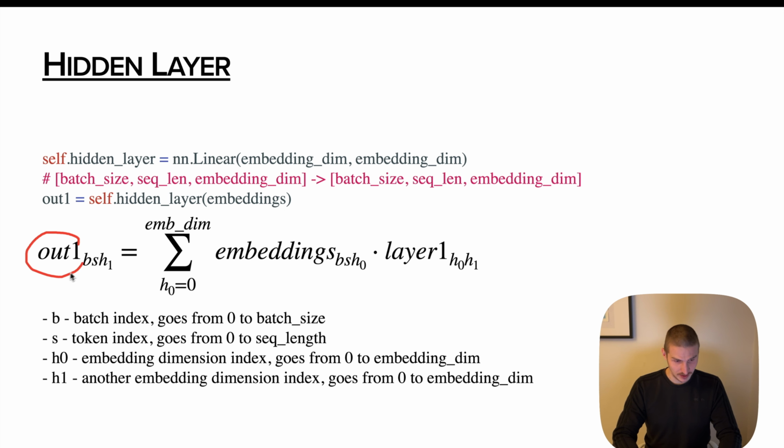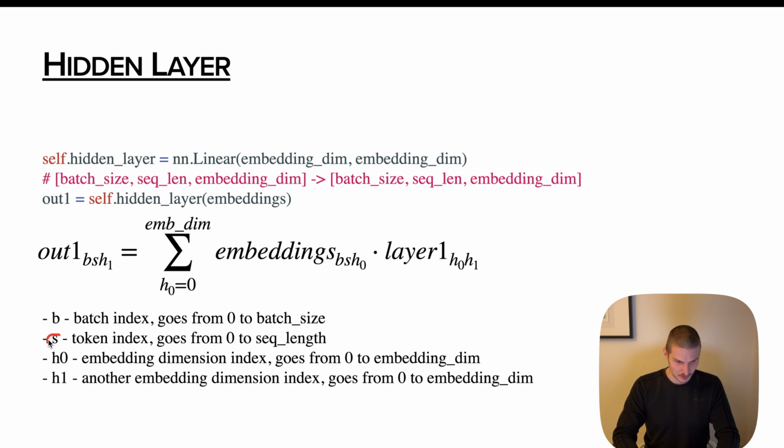Basically out1 is itself a tensor with 3 dimensions: batch size, sequence length, and hidden dimension. And so it can be represented as a variable with 3 indices, where each index says which specific place in the tensor you need to look up. We have index B, which stands for batch index, and it goes from 0 to batch size.